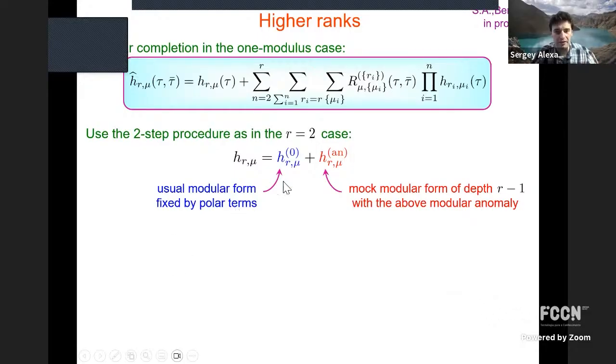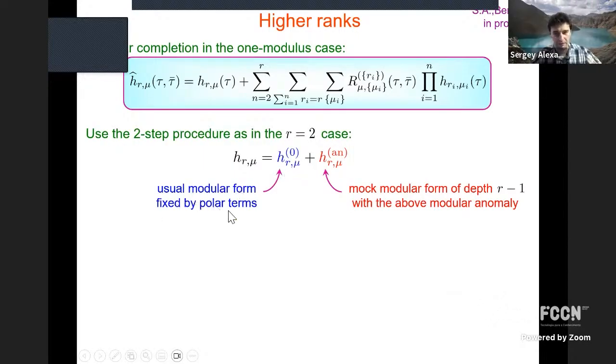The idea is that we proceed with the same two-step strategy. First, we want to find a mock modular form of depth r minus 1, which satisfies this anomaly equation. And then we will fix the modular ambiguity by computing the polar terms.